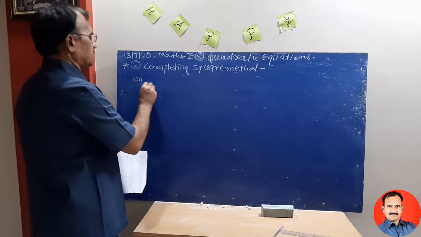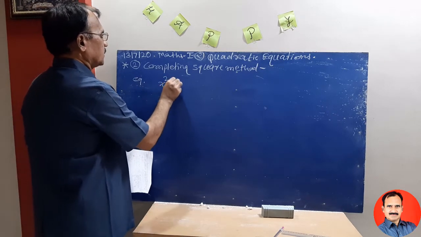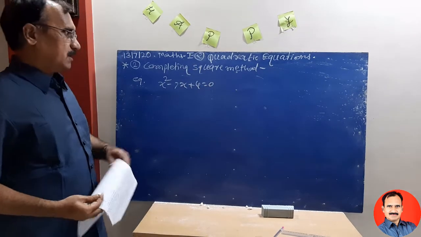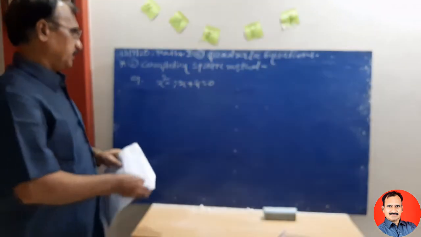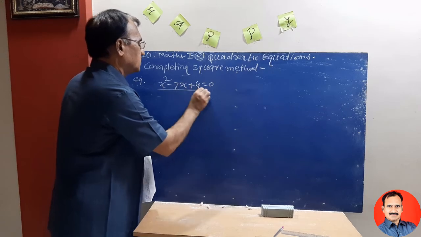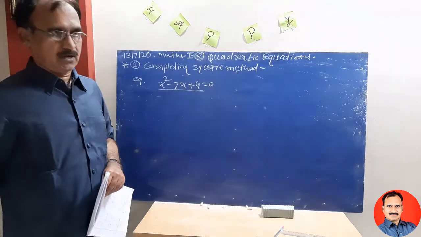Suppose there is one example, x square minus 7x plus 4 is equal to 0. The name of the method is completing square, which means the LHS of this equation should be a complete square.